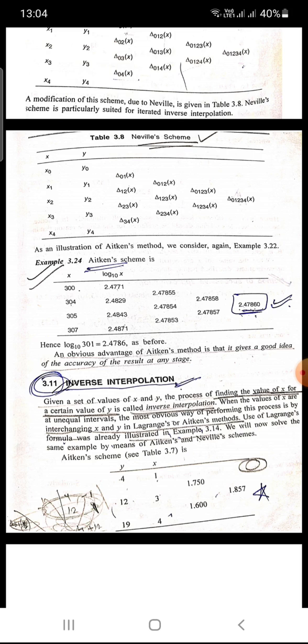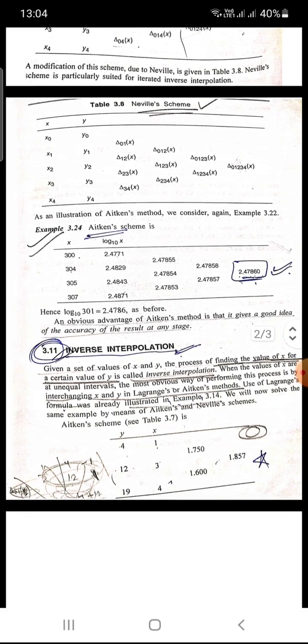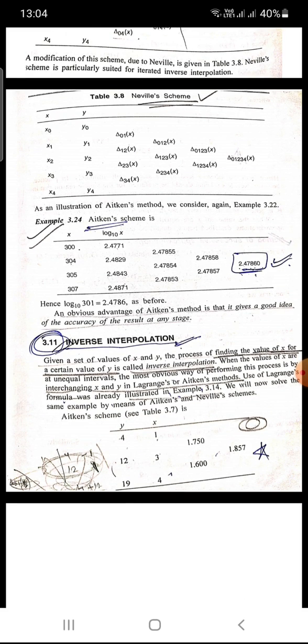Suppose we have a function y is equal to log x to base 10. Suppose x values are 300, 304, 305, 307, just as an example. So y will be 2.4771 and so on, as you see in the table.